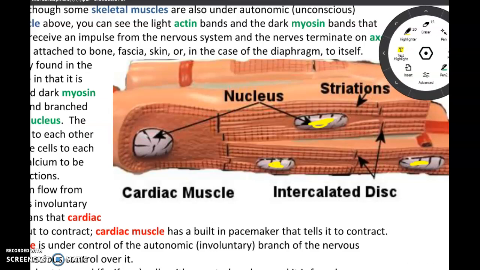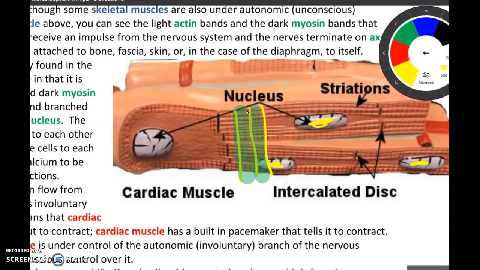So we have these light lines made of actin, followed by dark lines made of myosin. Then, you guessed it, light, dark, light, and so forth. Now, another thing you should notice is there are these discs called intercalated discs.